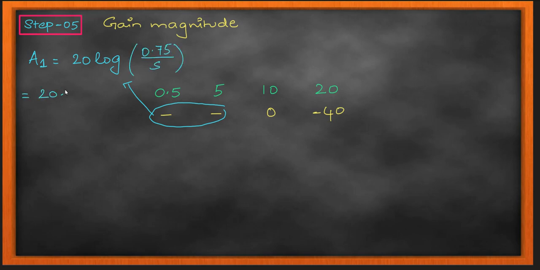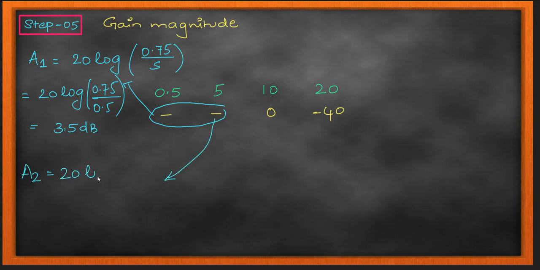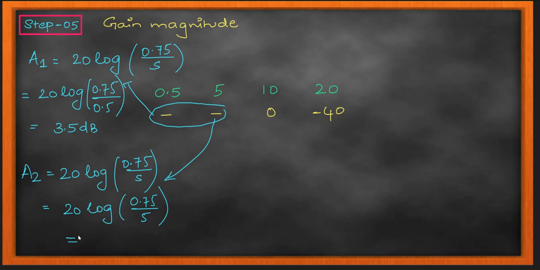Okay, so for these corner frequencies, we have to find the gain. For 4 corner frequencies, I will have 4 gains: A1, A2, A3, and A4. So my A1 is given by 20 log 0.75 by 0.5, which is 3.5 dB.